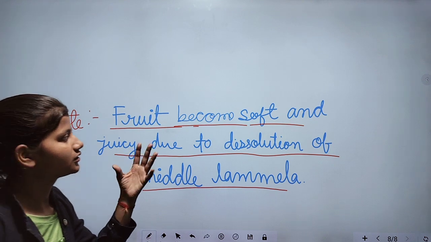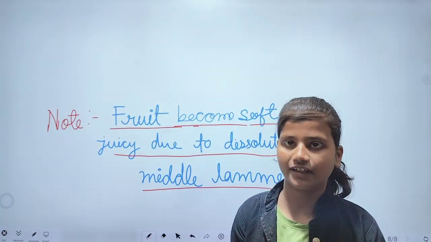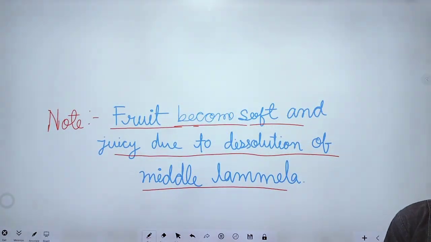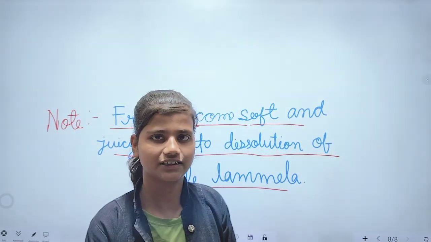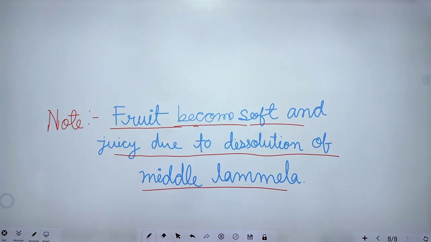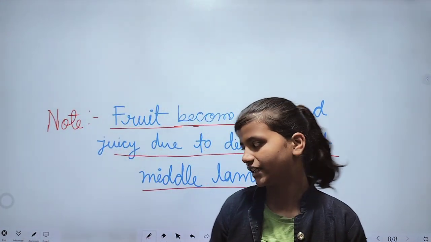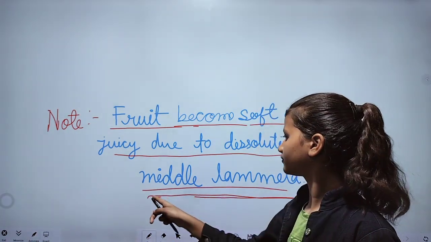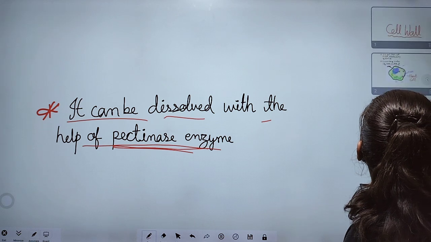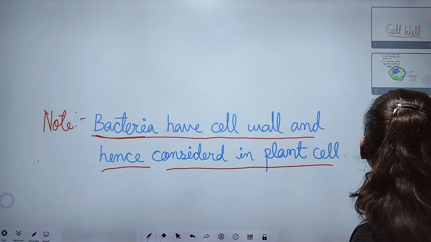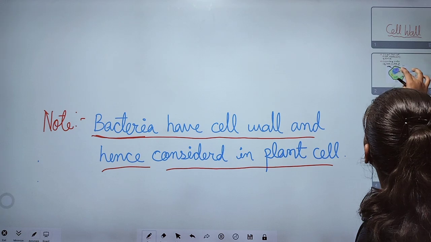You see fruit becomes very soft and juicy. It is only due to dissolution of the middle lamella.